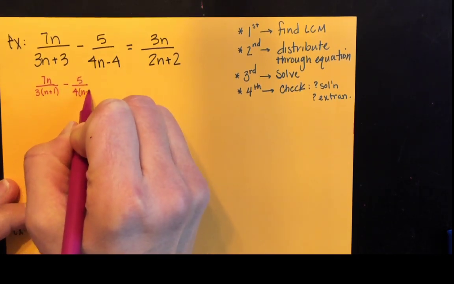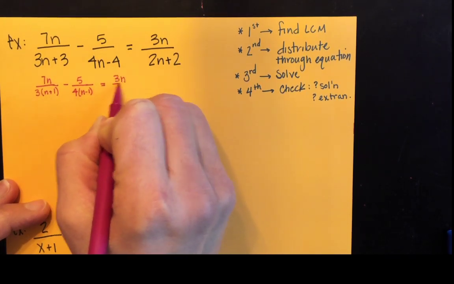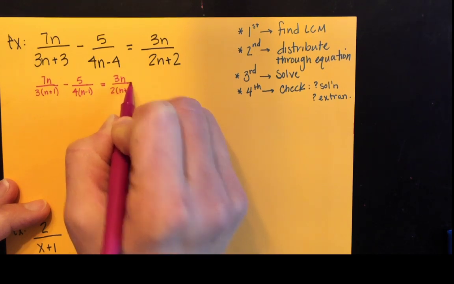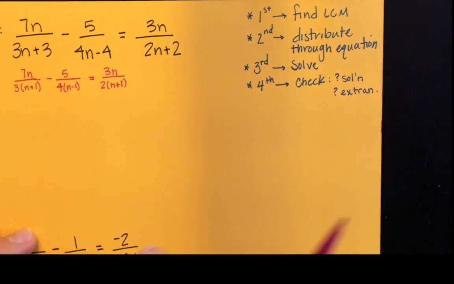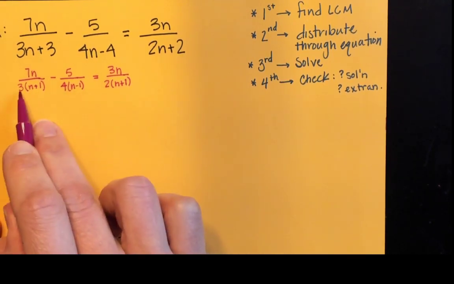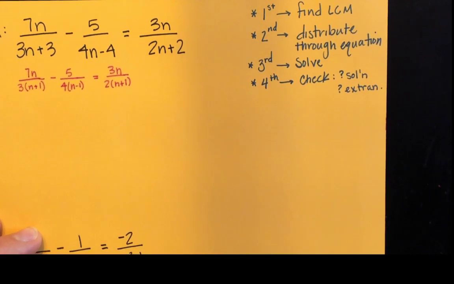And by factoring this, I can see that I'm going to need an n plus 1 and an n minus 1. And 3, 4, and 2 tells me that my LCM is going to end up being a 12.